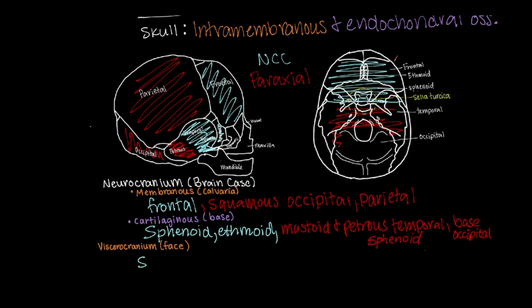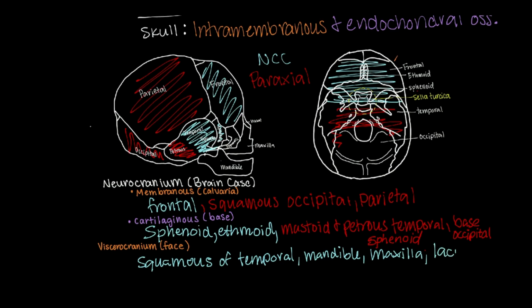That will include the squamous part of the temporal bone, the mandible and the maxilla, and the lacrimal bones. The nasal bones, vomer. I think you get the idea. The only one that doesn't quite fit into this mold is the inferior nasal concha bone. That's going to be derived via endochondral ossification, but that's pretty granular detail.